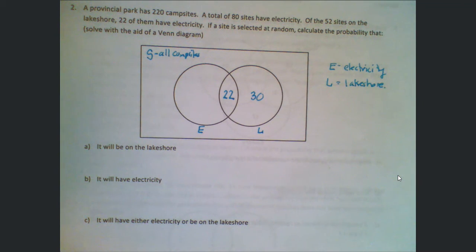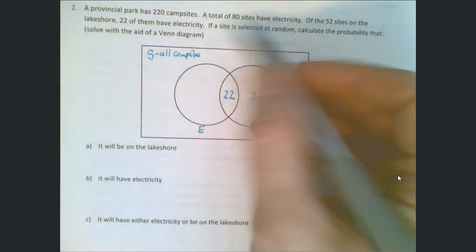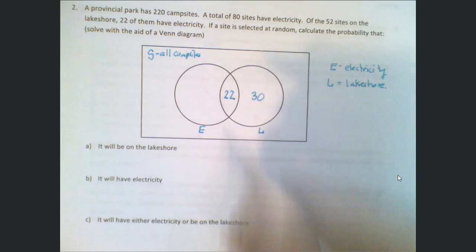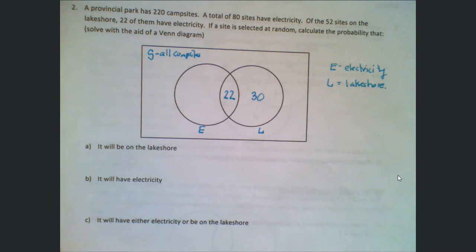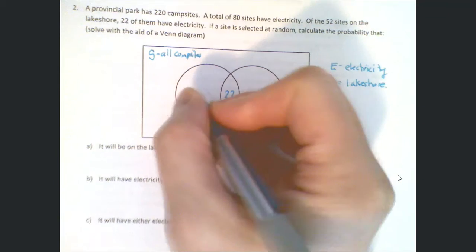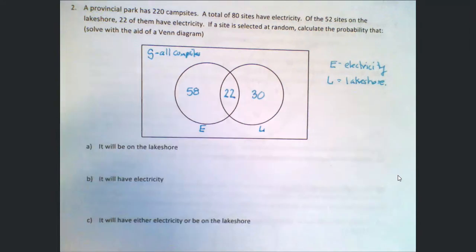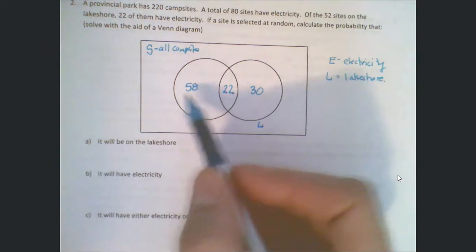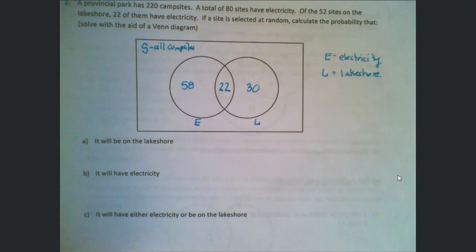If a site is selected at random, calculate the probability, and then from there. So a total of 80 sites, I knew I was missing something, 80 sites have electricity. So in this case, 80 less 22, there's 58 campsites that have electricity but are not on the lakeshore. So 58 and 22 gives us the total of 80 sites with electricity.